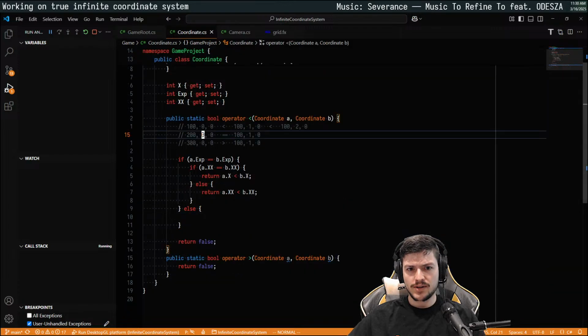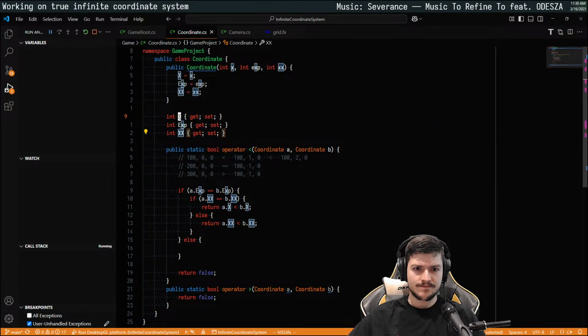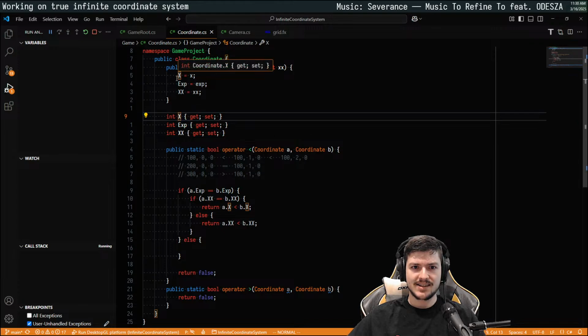In order to raise this, $200, if you increase by 1 the exponent, oh, I guess the XX. What is this? How do we call X?